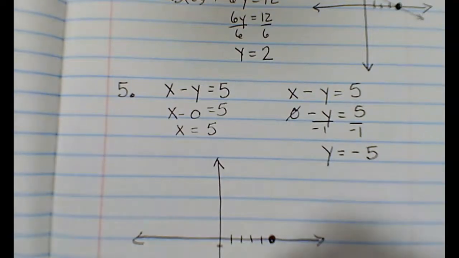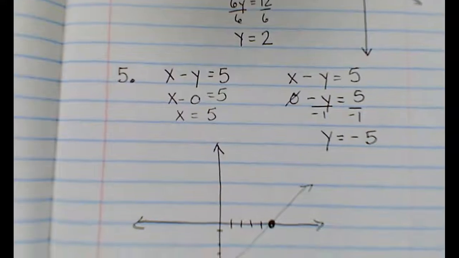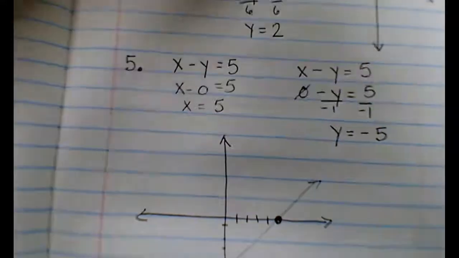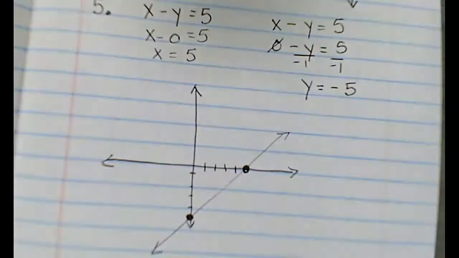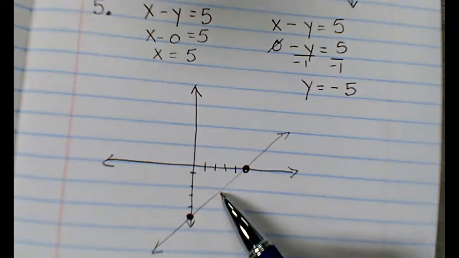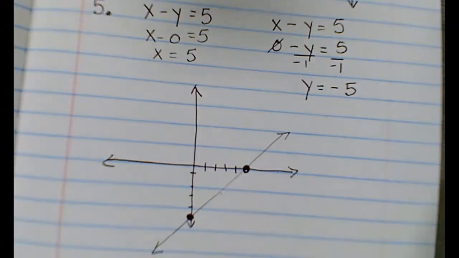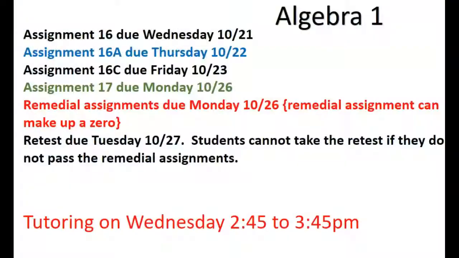If we have the x and the y intercepts, then it's pretty easy to graph the point. Would this line right here have a positive slope or a negative slope? Positive slope.